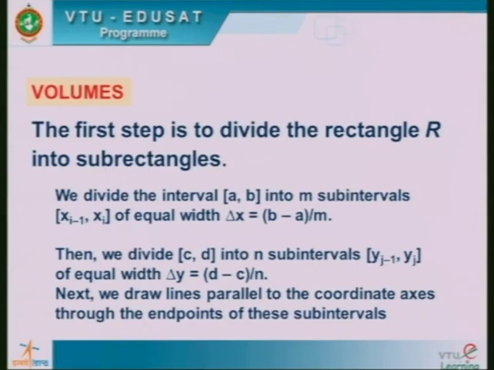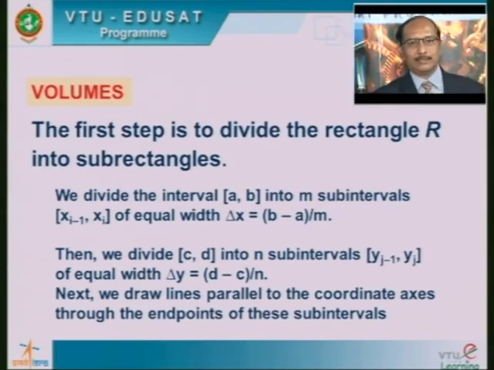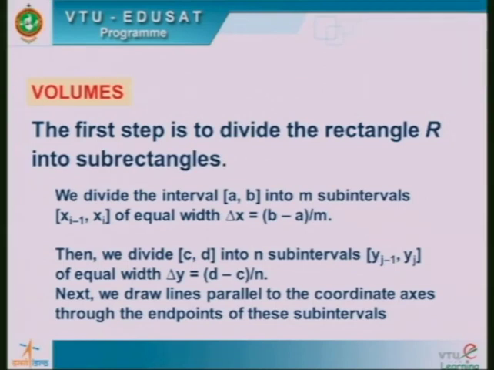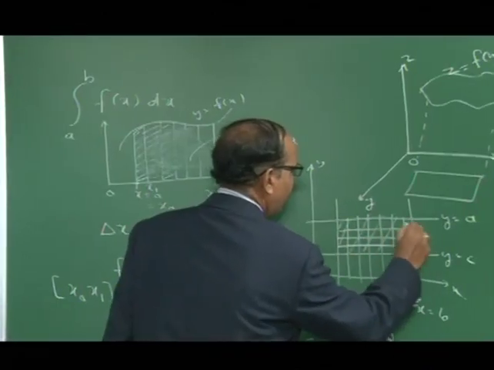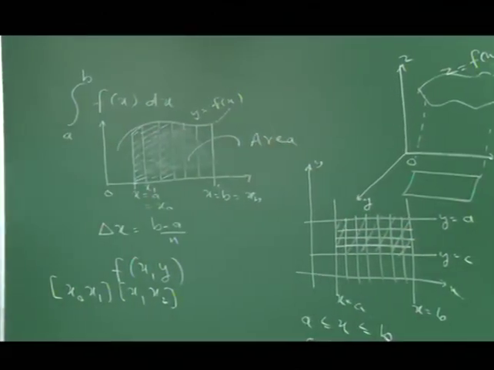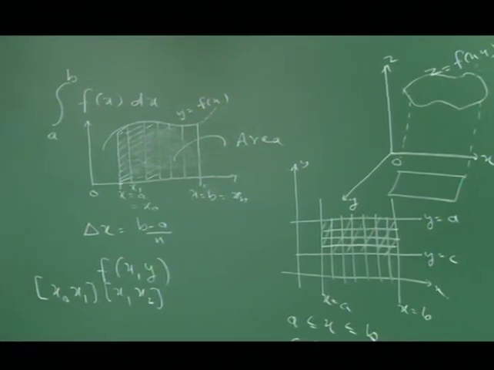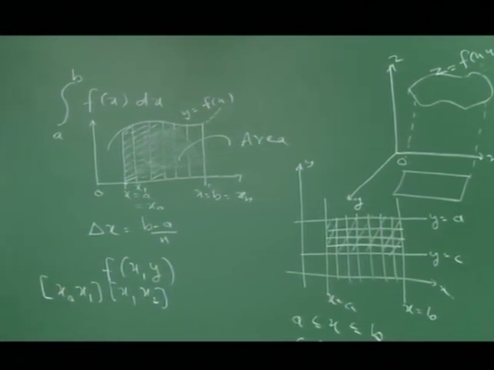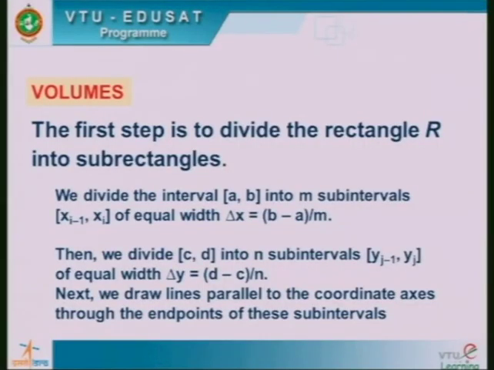It is along the x-axis. Similarly, we divide the interval CD, which is along the y-axis, into n subintervals. That gives the small rectangular regions. By dividing CD into n subintervals, each is denoted as y_{j-1} to y_j, so j takes the values 1, 2, 3 and so on.